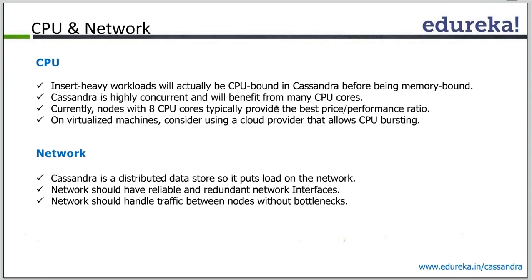Coming to CPU, we already talked about the general mechanism. Typical deployments of Cassandra clusters work with 8 CPU cores, because that gives you the best price performance ratio in a Cassandra cluster. So the most commonly used versions are 8 core systems.